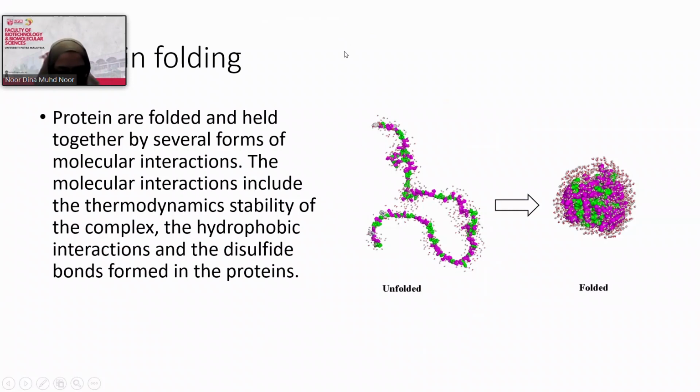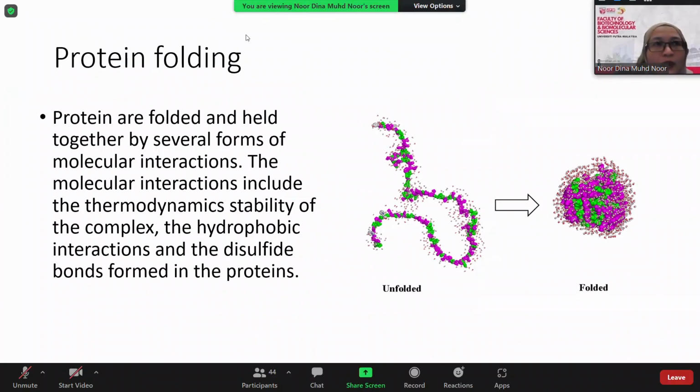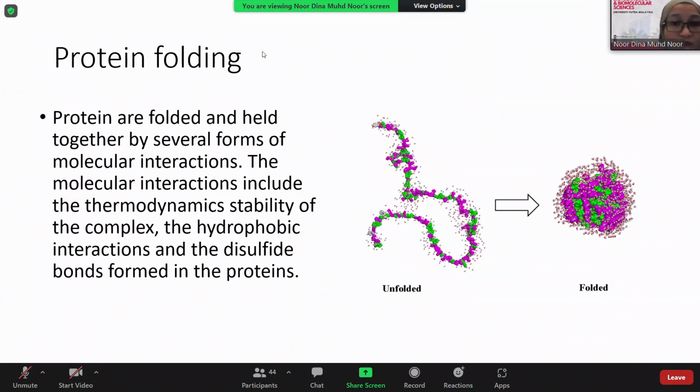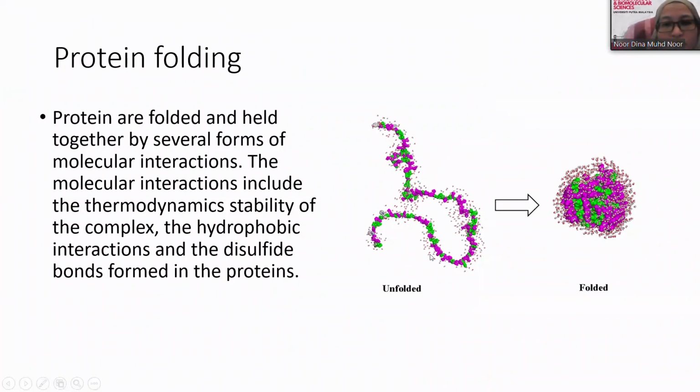Why is protein folded? Protein folding is very important so that the protein becomes functional. This is the unfolded protein, unfolded meaning perhaps this is the situation we have once photosynthesis is completed.